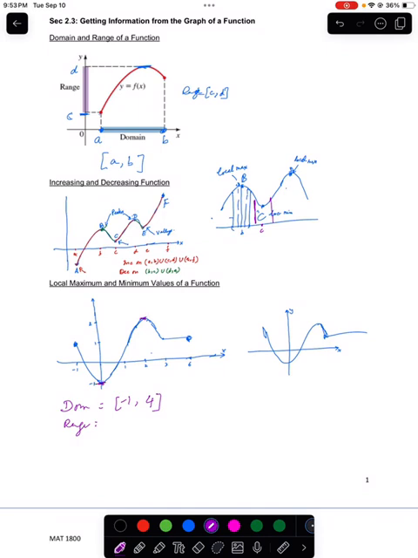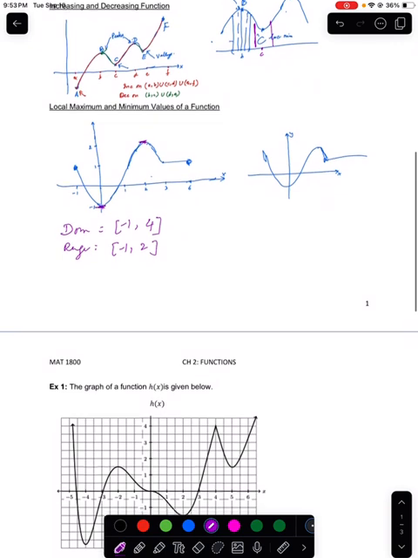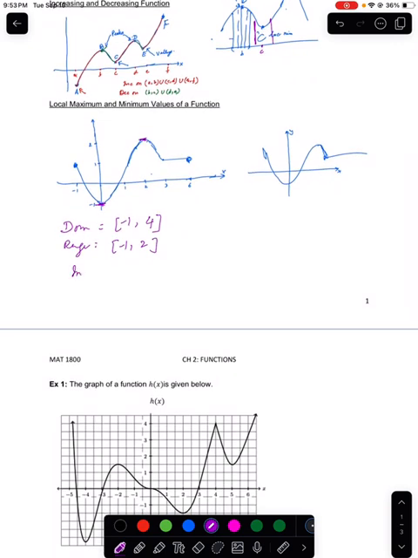Okay, where is it increasing? Increasing on, so you can see from here to here, right? But we don't say -1 to 2, because we are not giving the y values, we have to give the x values.